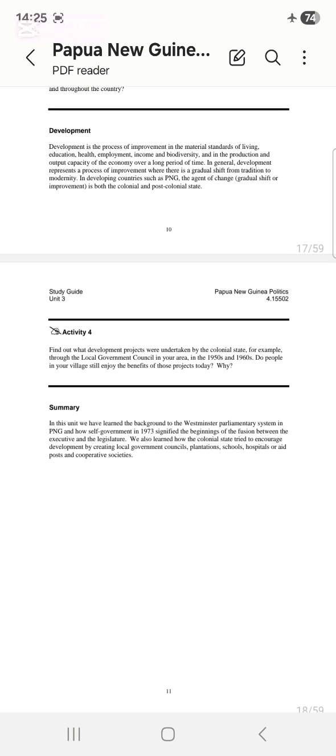So when our society was scattered around and did not have an institutional structure, we were living in a primitive society. Only when the colonial administration came in did they introduce the Westminster system.